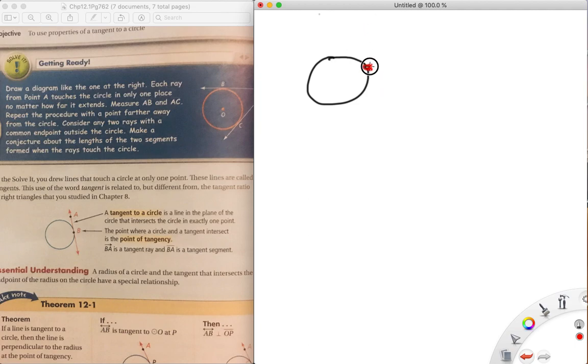And with this line, it's going to hit that circle only at 1 point. Right? It's going to hit that circle as the line comes. It intersects that circle only at 1 point, and it barely touches it at that 1 point, and it's touching it at point B. That's what we call a tangent.